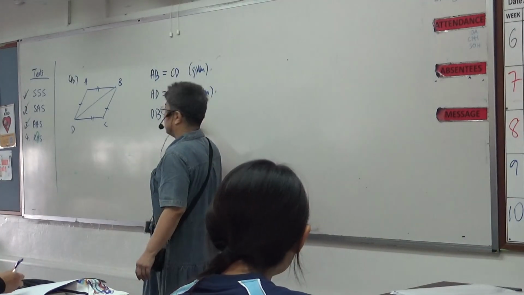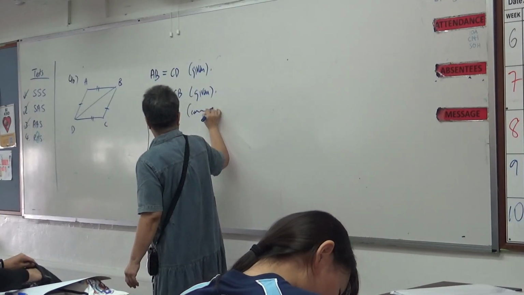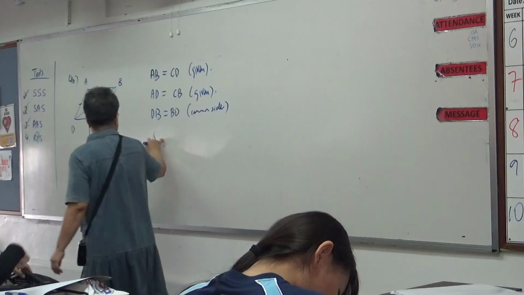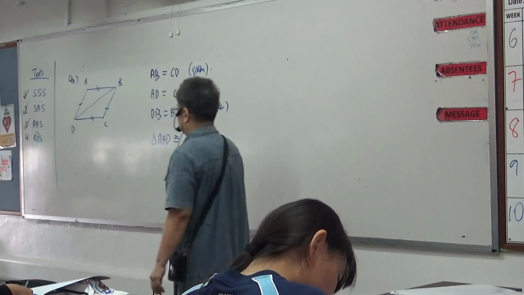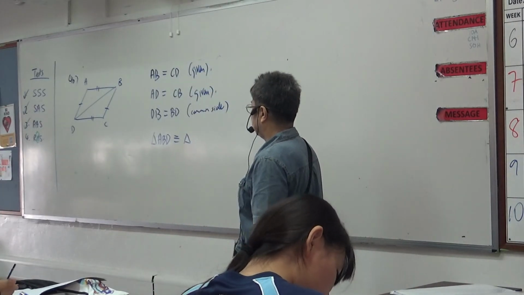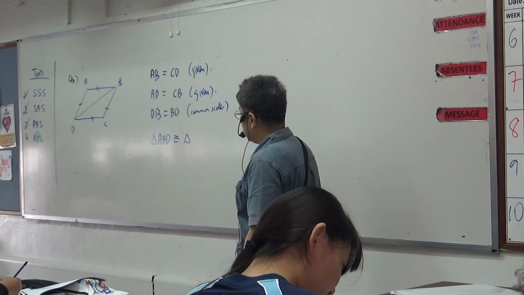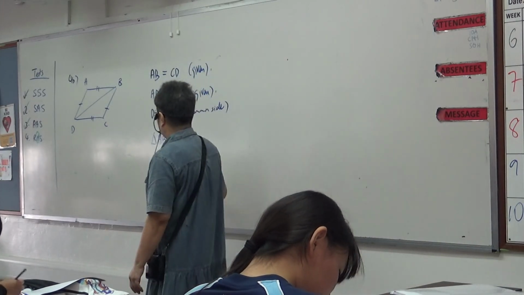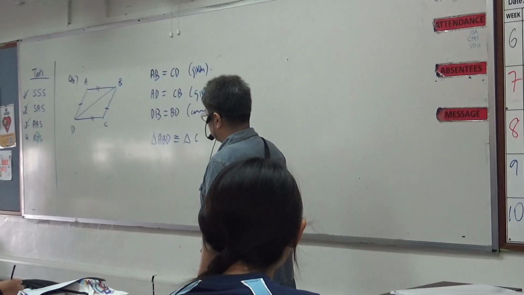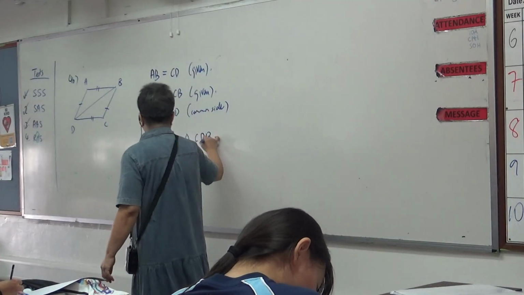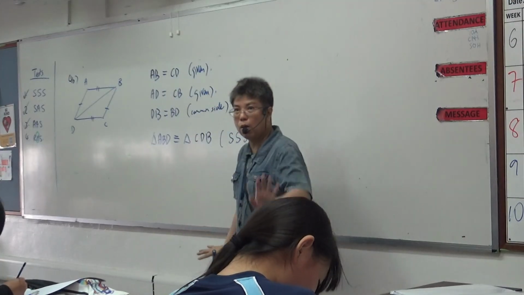Alright, now what do I say here? Common side. Therefore, triangle ABD is congruent to triangle CBD, right? Because of what? SSS. That's all.